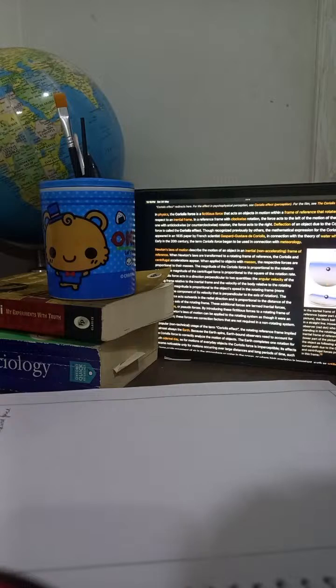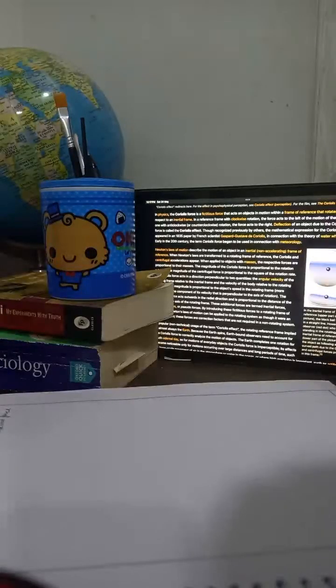In the early 20th century, the term Coriolis force began to be used in connection with meteorology.